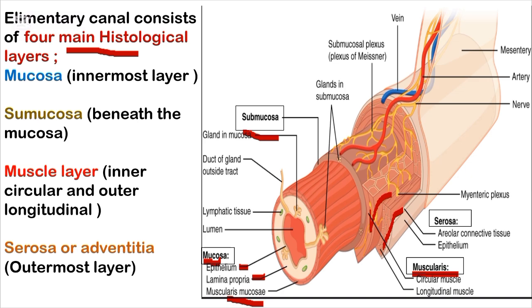Between these two layers, the myenteric plexus is present, providing nerve supply. Deep to the muscle layer is serosa or adventitia, that is the outermost layer of the alimentary canal. Serosa is present in intraperitoneal organs, while adventitia is present in retroperitoneal organs.